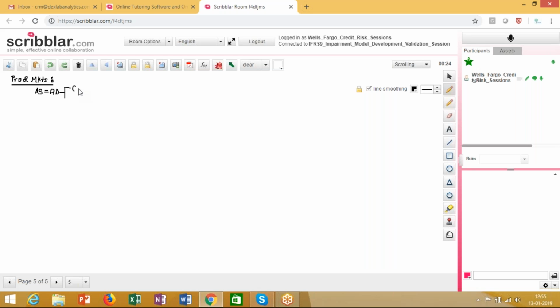Next, you have your investment expenditures. So, what are investment expenditures? Investment expenditures are investments which are made by the private sector into the economy.